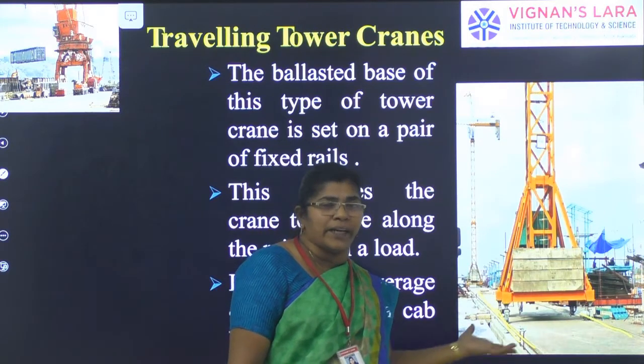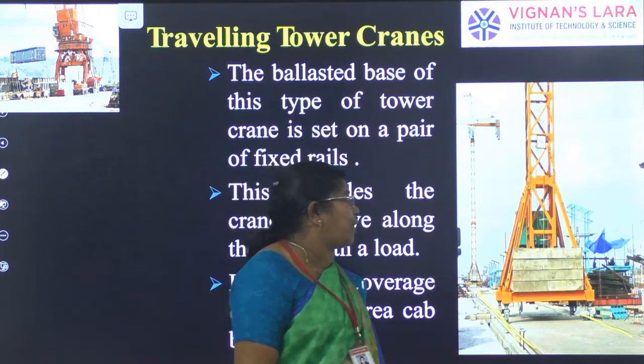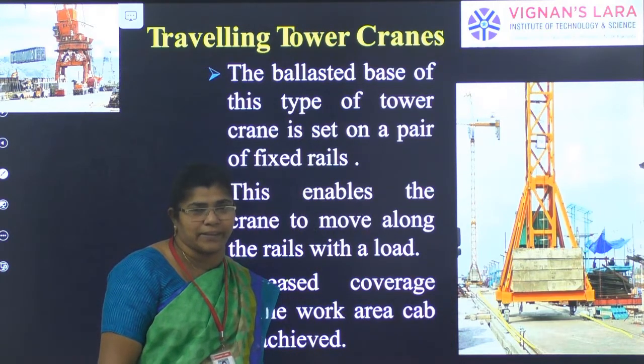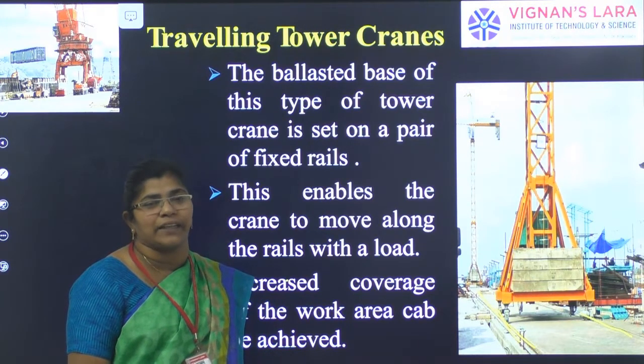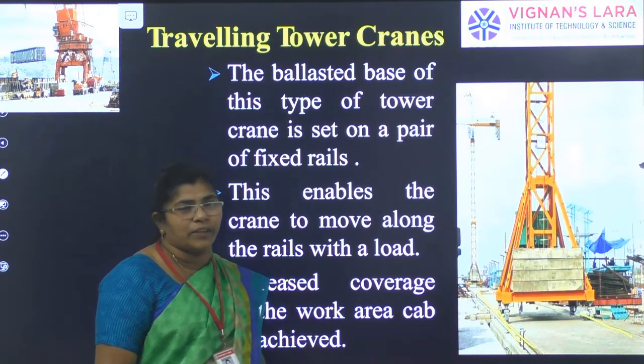The working principle is like that of the fixed crane rather than the mobile cranes, and it is mostly used in the shipyards, for lifting containers and bringing them to the big trucks and other things.